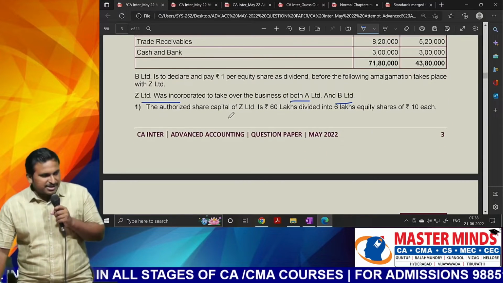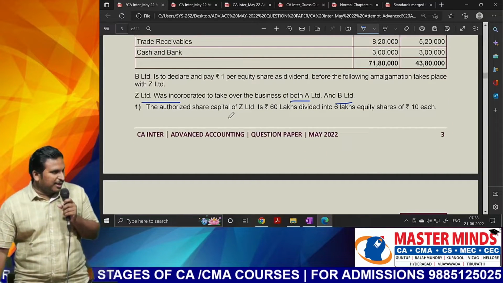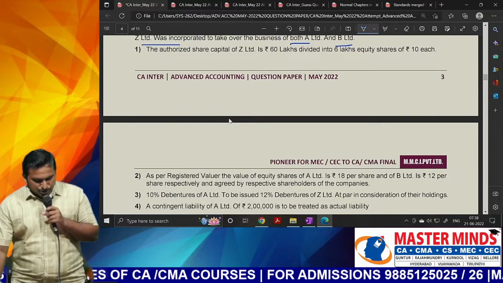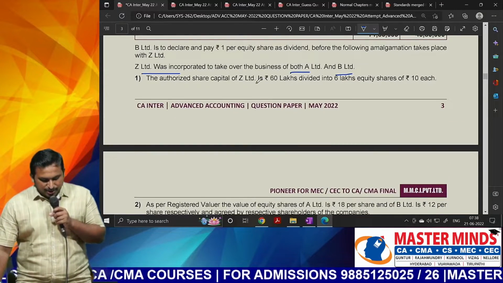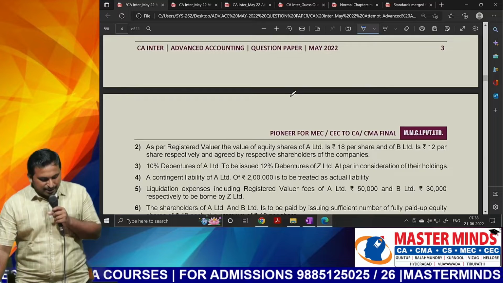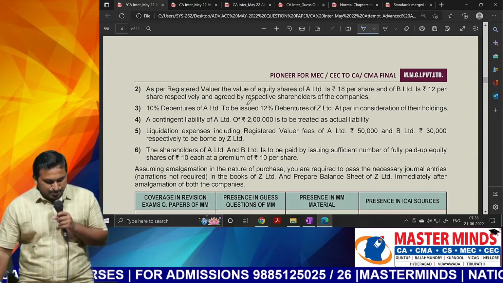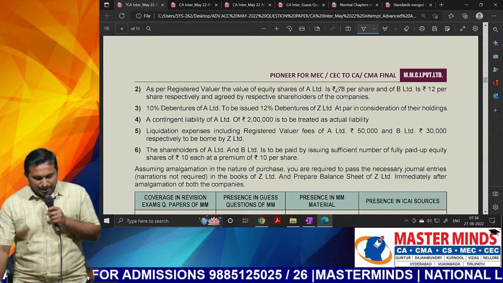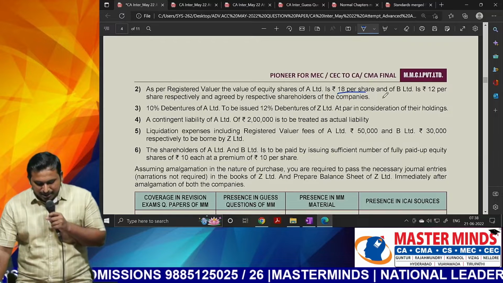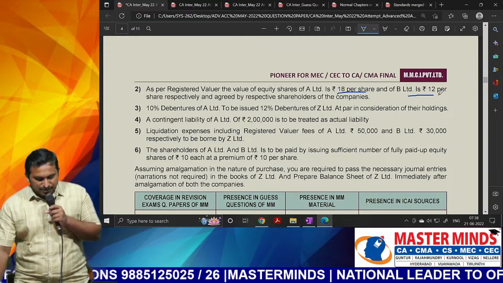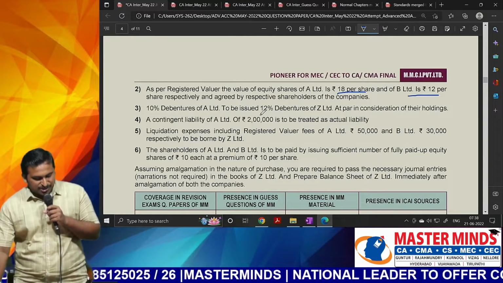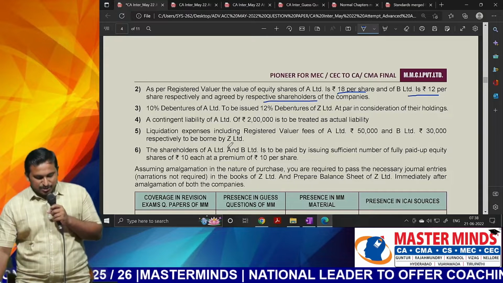But generally, the additional information is what really matters for us. They give the authorized share capital details. Then, as per the registered valuer, the value of equity shares of A Limited and of B Limited is 12 per share, agreed by the respective shareholders.